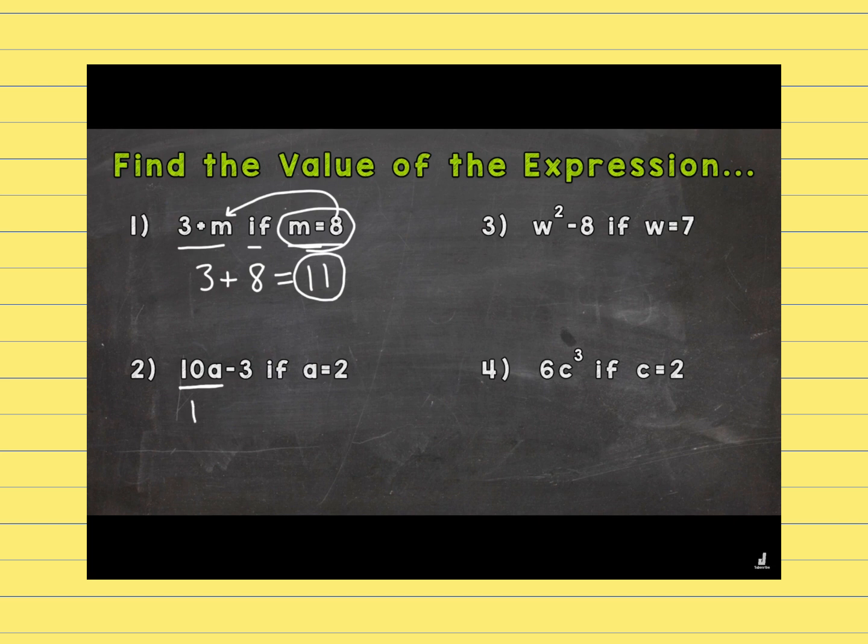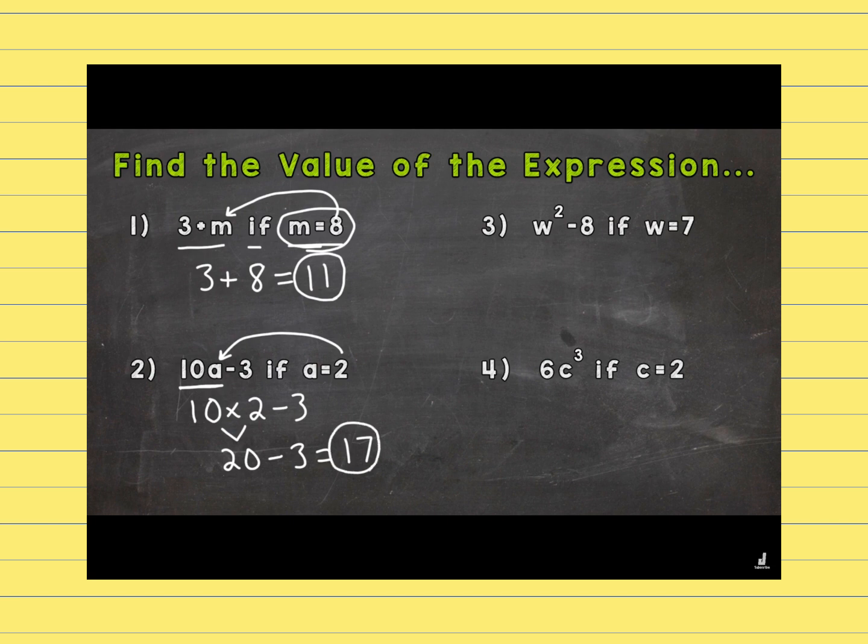So let's rewrite our problem with 2 plugged in for a. So 10 times 2 minus 3. And now we're able to solve. So it's just order of operations, which multiplication comes before subtraction. So 10 times 2 is 20. Bring down our subtract 3, and we get 20 minus 3, which is 17.